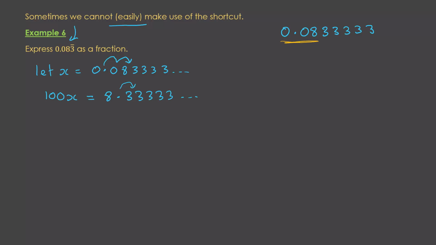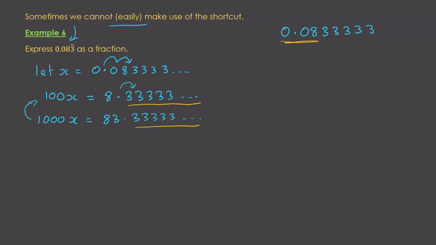Now if I go one more place, so that's multiplying by 10 again, giving me 1000x, that's going to be 83.33333. So I've got this situation now where the decimal expansion is the same. So if I subtract, that decimal expansion is just going to disappear.